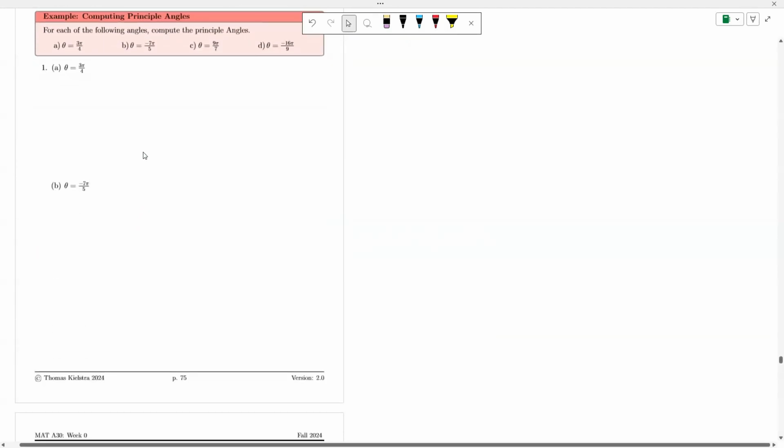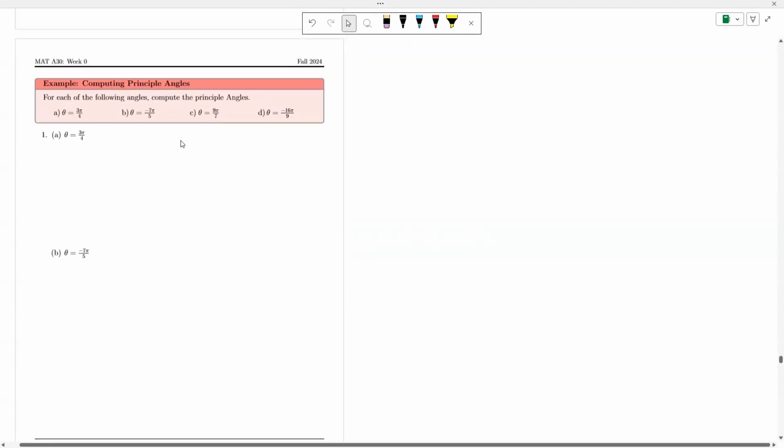Lovely. We now know where the angles lie. But now we want to compute the principal angles for these different angles. With computing principal angles, what I like to do is draw a picture of the angle and figure out what I'm subtracting from what.